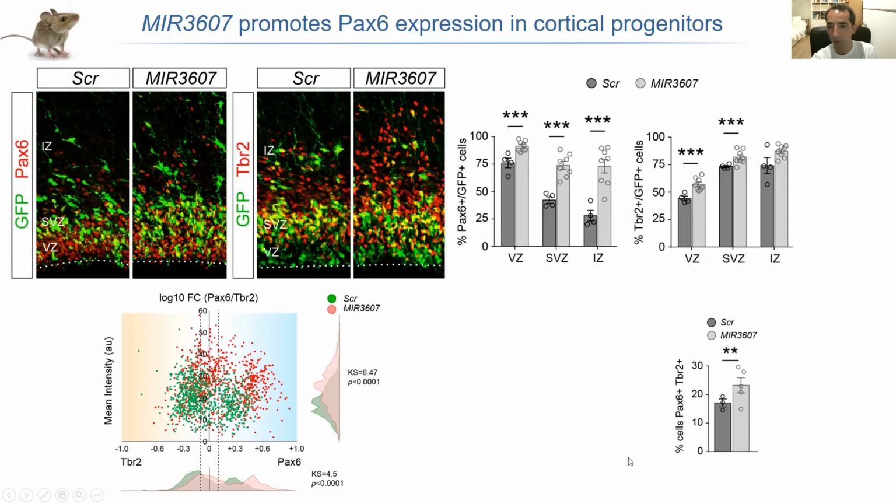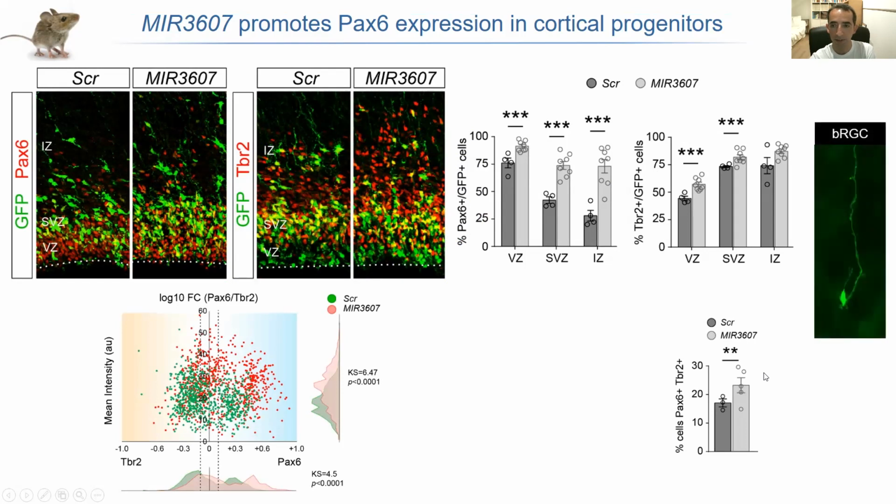And she found that the abundance of cells co-expressing these two transcription factors, which is quite rare in mice, was significantly increased when we overexpressed this miR3607. And this co-expression of PAX6 and TBR2 is a feature typical of basal radial glia cells, that other type of radial glia cells that we find particularly in the OSVZ of primates and also in ferret.